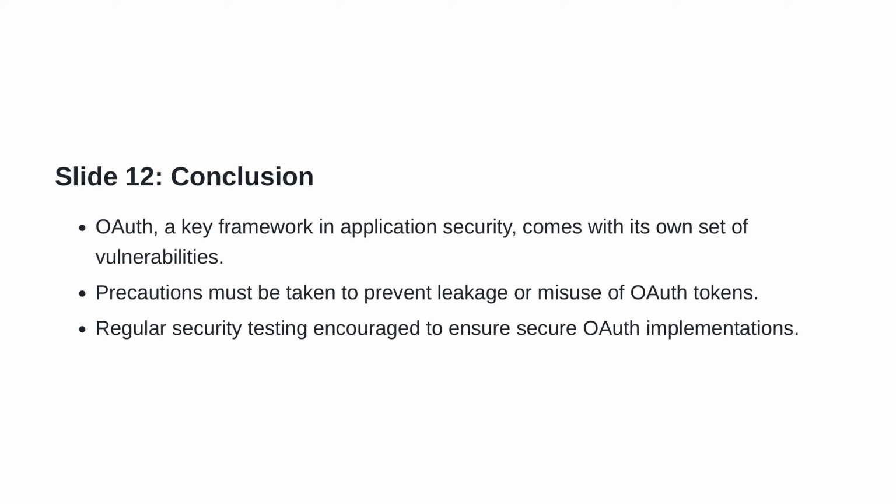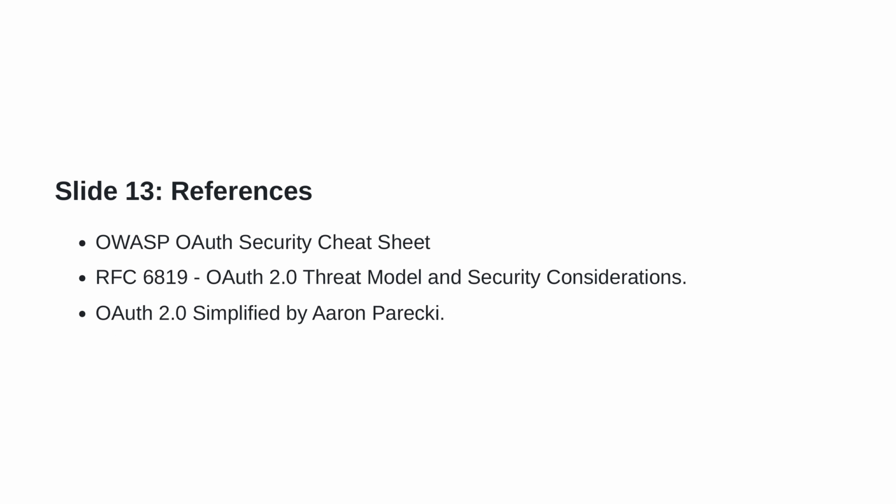So in summary, OAuth opens many doors when it comes to application security, but it should be treated with respect and thorough understanding. Take all necessary precautions and never underestimate the importance of regular security testing in maintaining the integrity of your OAuth implementations.